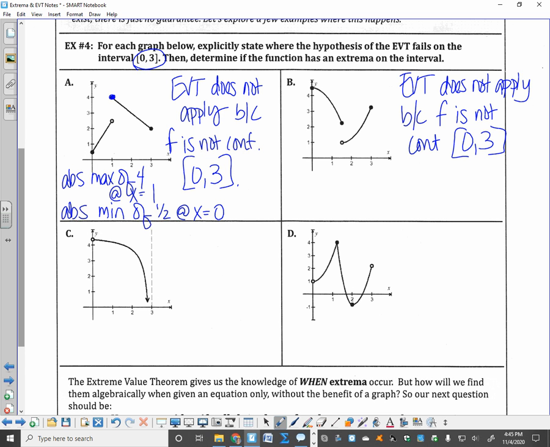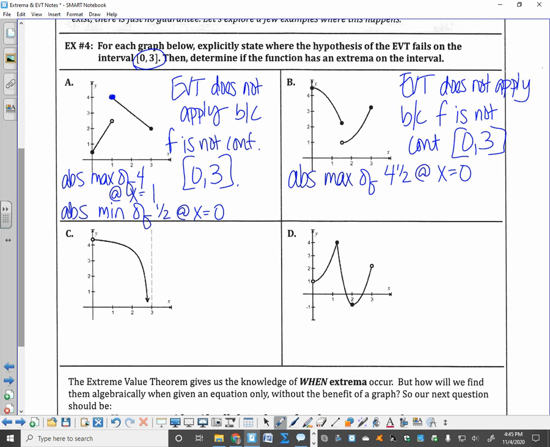However, oh, this is a good one. We have an absolute max of, I don't know, 4.5 at x equals 0. You do not have an absolute min.